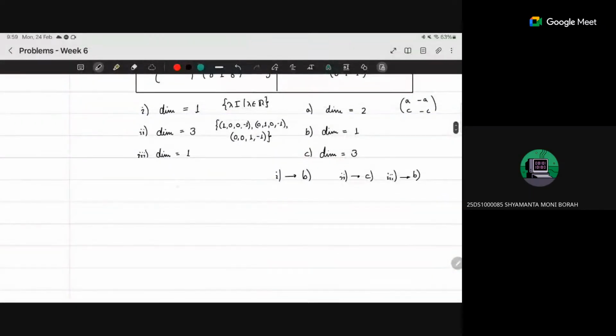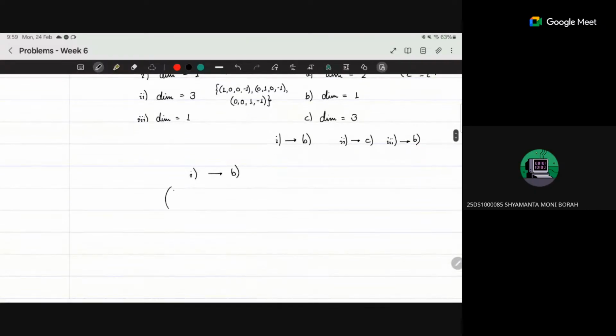If you want, I'll just write the map between 1 and B. A scalar matrix is of the form lambda, 0, 0, lambda. You will map this to lambda, 2 lambda. Okay, got it.